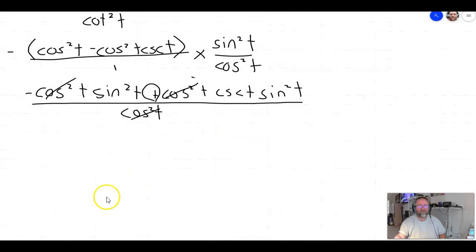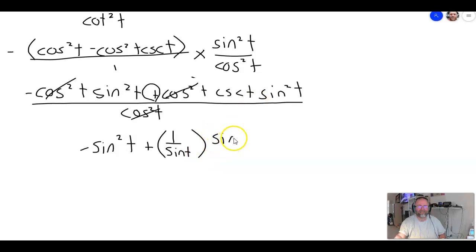What this gives me is negative sine squared of t, because that got canceled out, plus cosecant written in terms of sine, which is 1 over sine of t times sine squared of t.